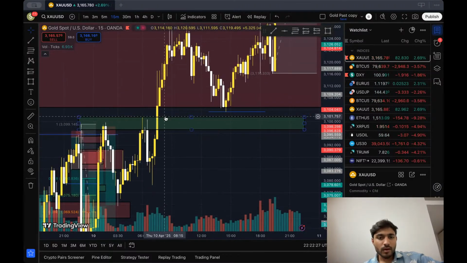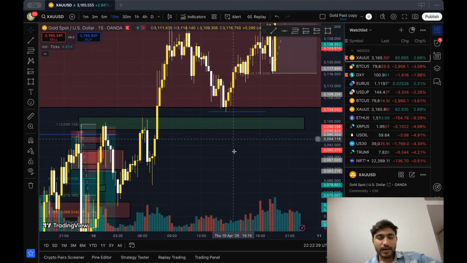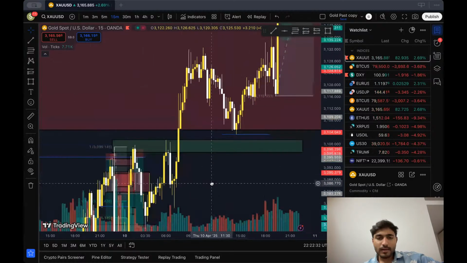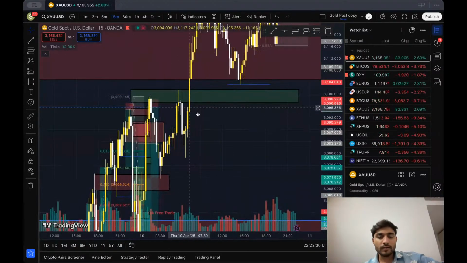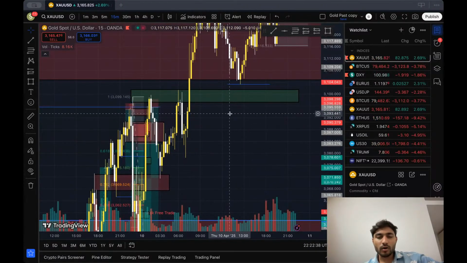See, this level hasn't been reached, so our trade didn't get activated. I didn't trade this one. I'm just showing you one level from where we could have bought. My orders were already set as well.